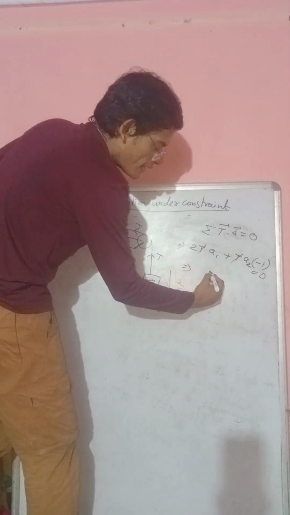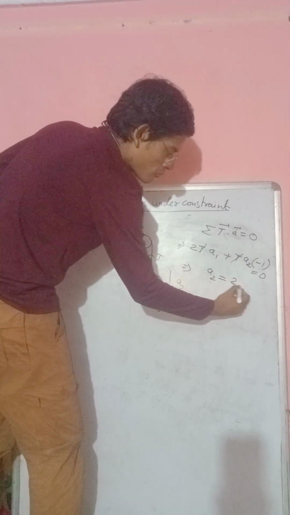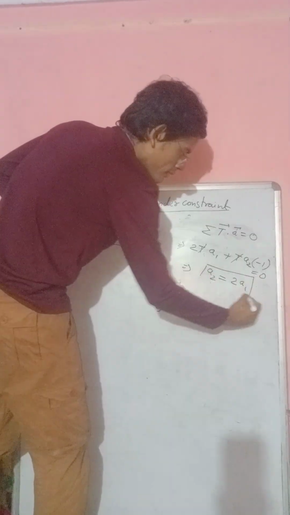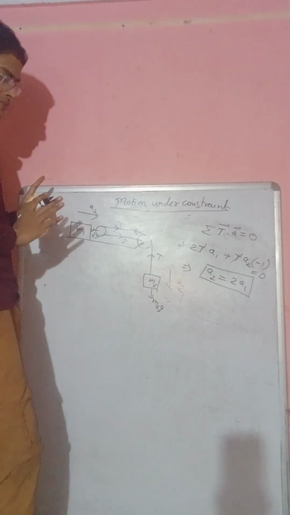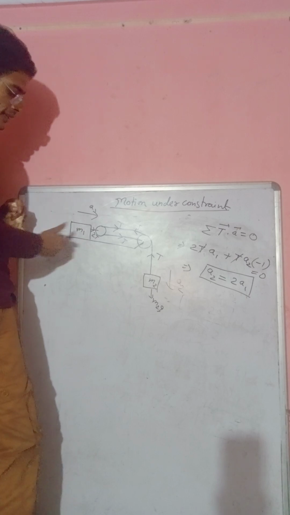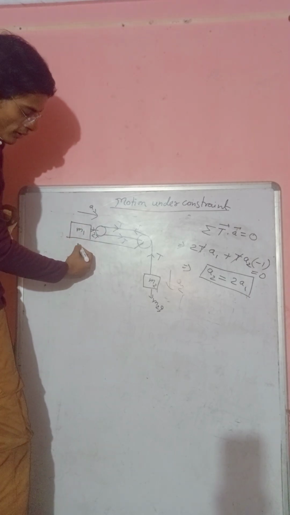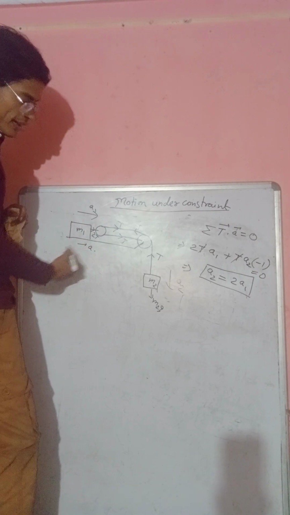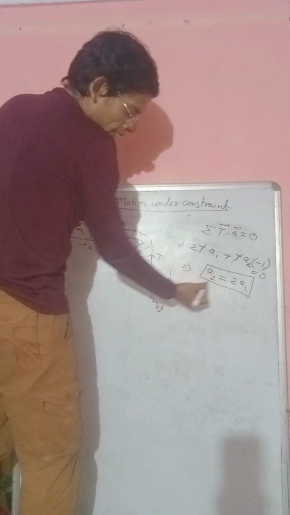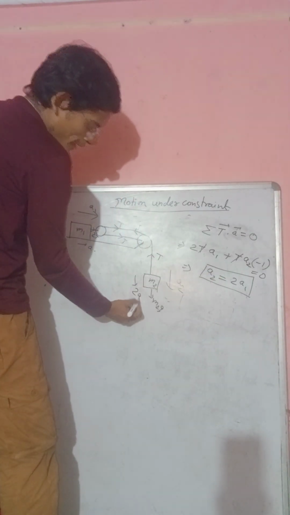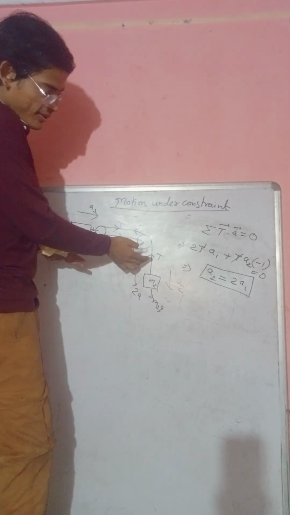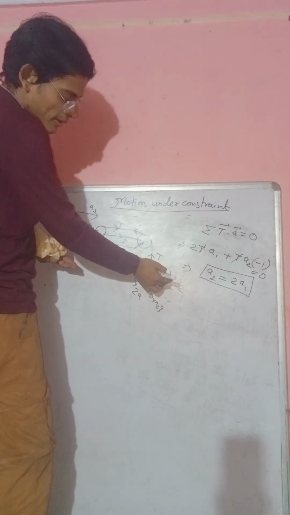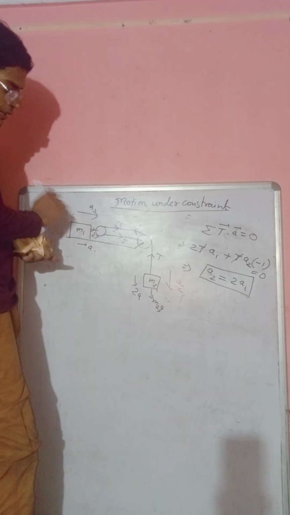So you can write A2 equal to 2A1. See, now you can easily find out the acceleration for both the pulleys. That means if M1 is moving with the acceleration A, then A2 will be 2A acceleration. So again we can use the FBD, that means T minus M2G equal to this one.